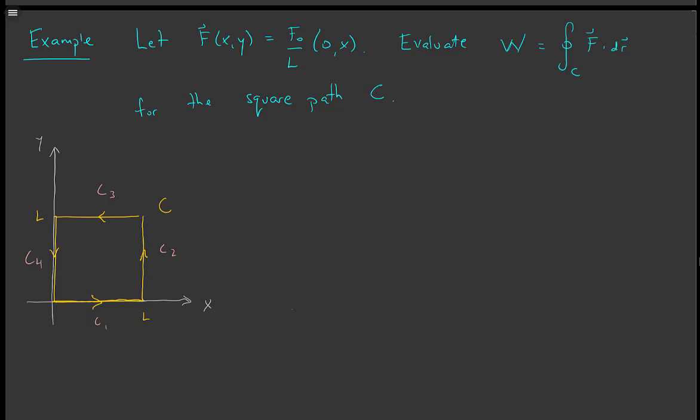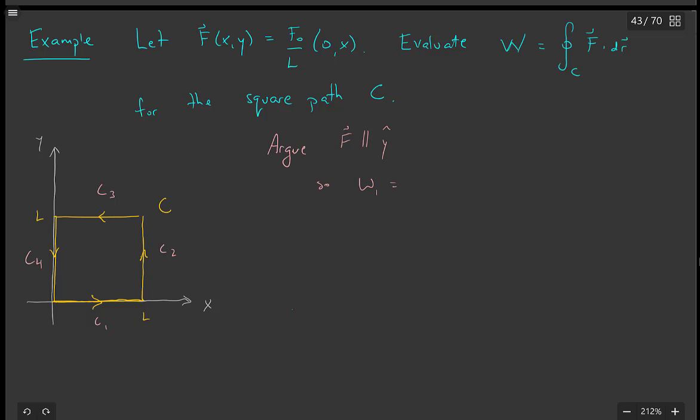For this particular vector field, we could try and be clever and reduce the amount of work by making certain observations. For example, we could argue that our force is parallel to the y direction, and so for the paths C1 and C3, which are only in the x direction, the dot product between the force and the velocity is going to be 0, so there's going to be no work there.